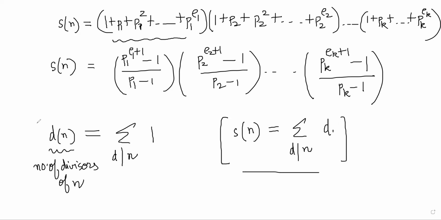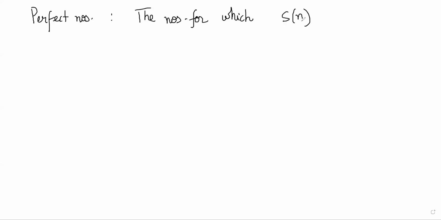Now, related to the sum of all the divisors is the idea of a perfect number. So we'll discuss briefly what perfect numbers are. The numbers for which S of n is equal to 2n, right?